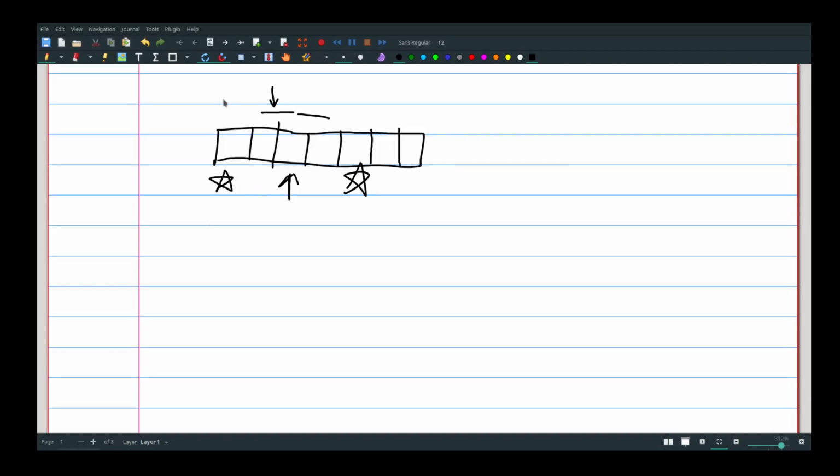So if we mark the previous greater element index as p of i and the next greater element index as b of i, assuming that the current element is i, the starting index would have to be between p of i plus 1 and i, while the ending index would have to be between i and b of i minus 1.